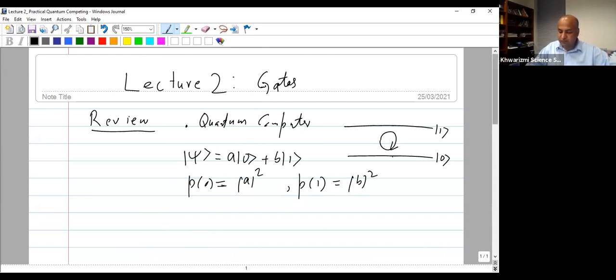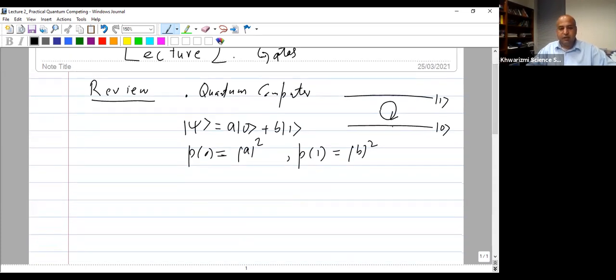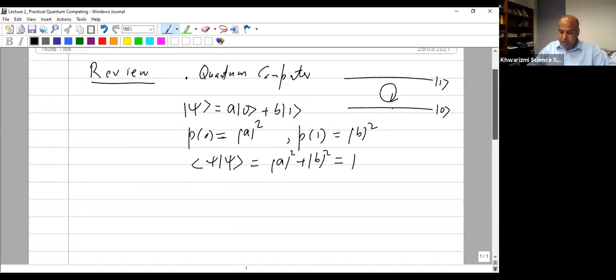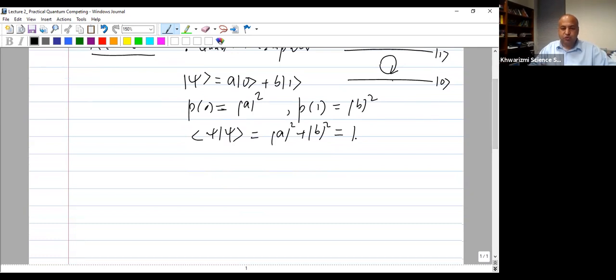So this is sort of a summary of yesterday's lecture. To make sense of everything, it's important that the sum of these two probabilities is 1. That is, our state is normalized, which means that the modulus square of a plus the modulus square of b is 1. We are always going to make sure that the states are normalized.